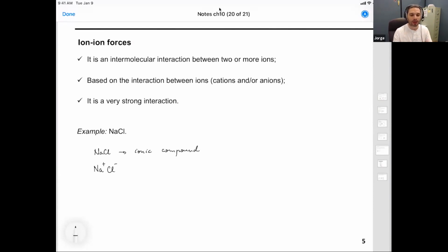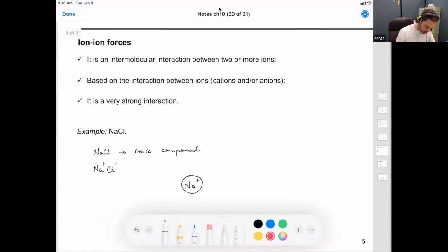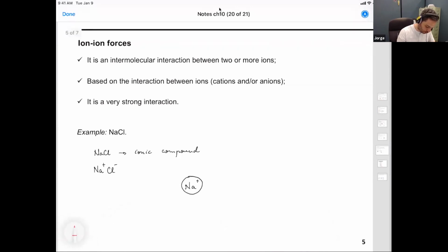In an ionic compound, we always have a positive and a negative charge. So if we would have to represent that, we have here sodium plus, and sodium plus will attract chloride or Cl minus.